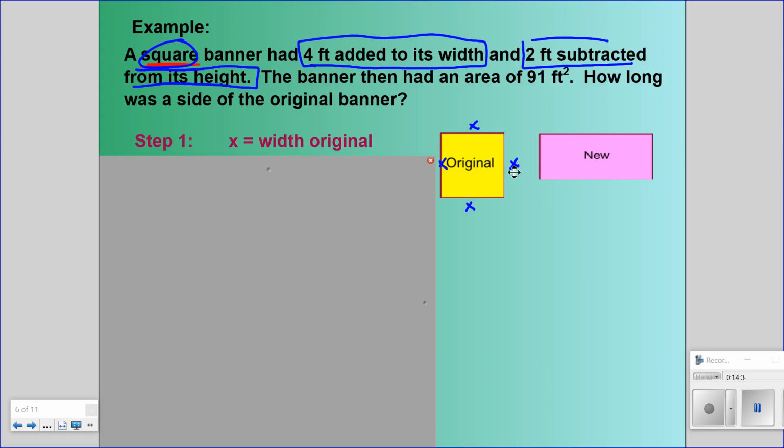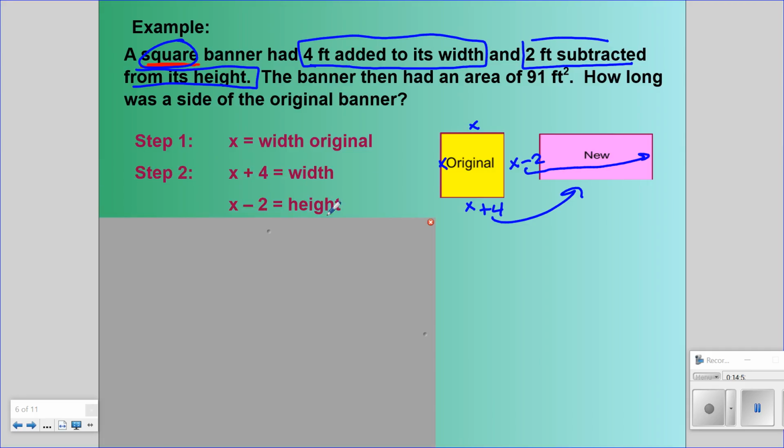Either way, whatever the width was, we are adding 4 to it. And whatever the height was, we're subtracting 2 to get to the new height. So I'm going to name those width and height expressions as x plus 4 and x minus 2. Once that happens, the area of the banner is 91 feet squared.